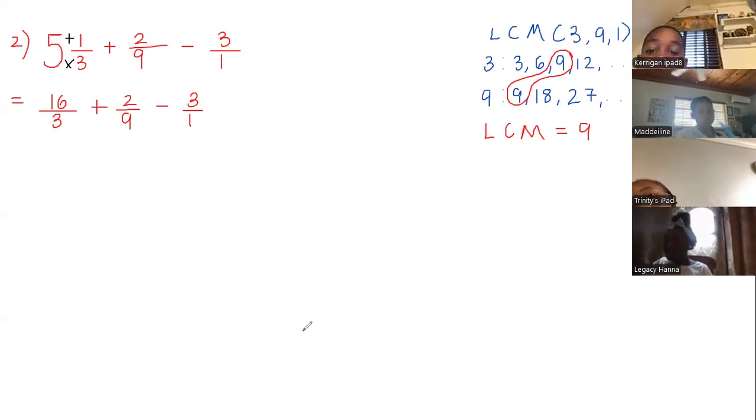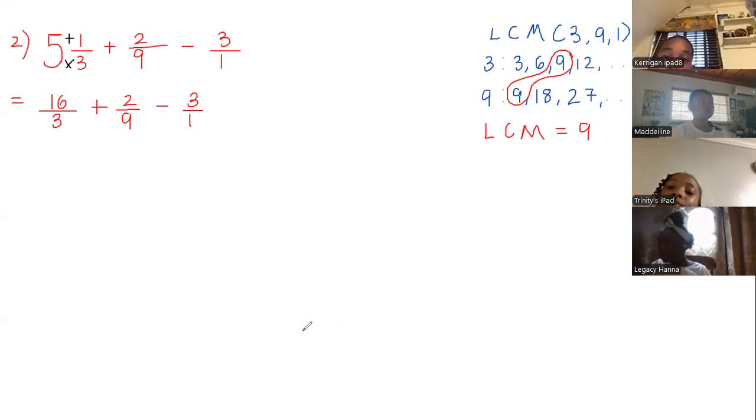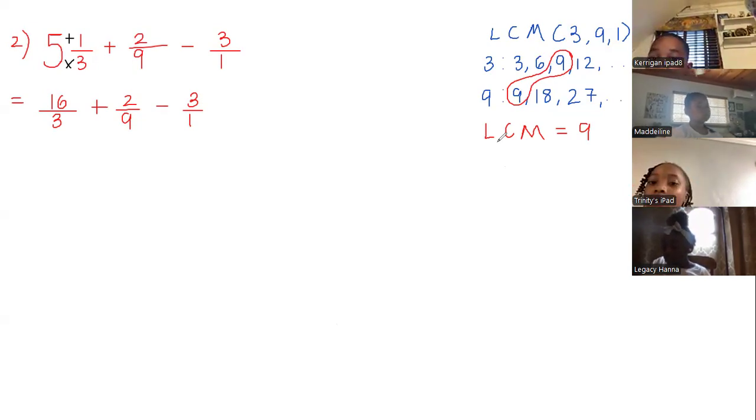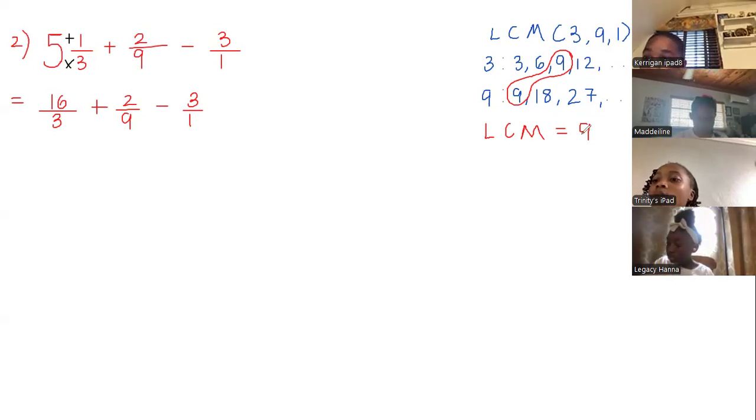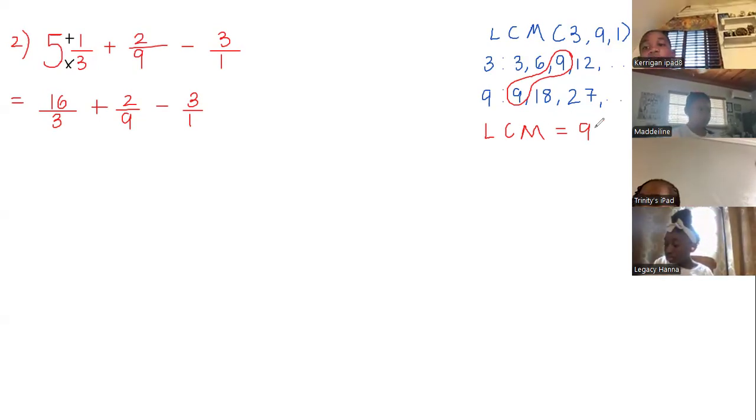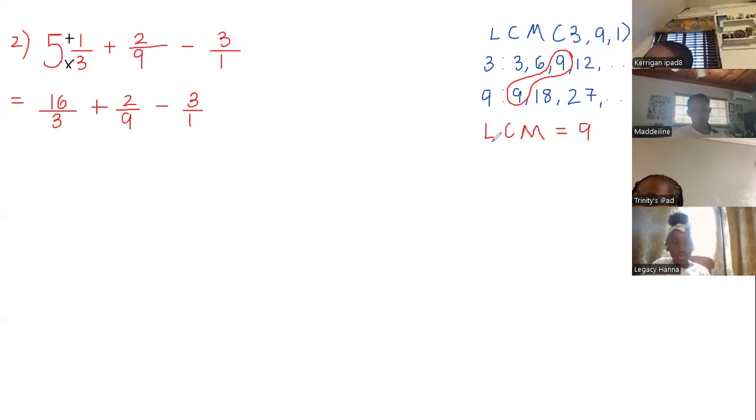What did we do to find it? Find the lowest common factor. Not factor. The lowest common what? Multiple.